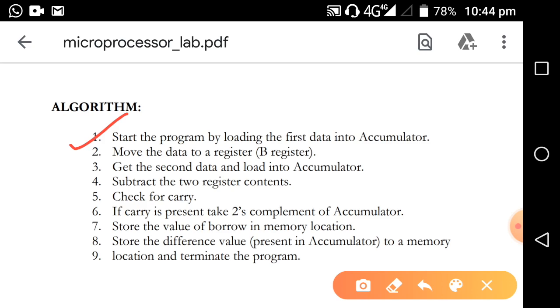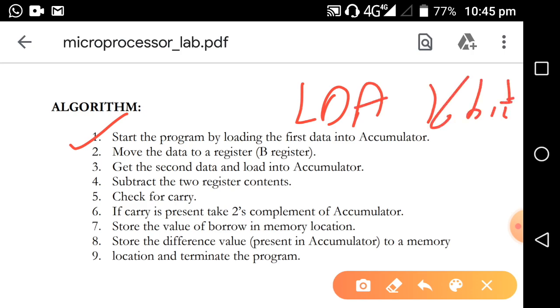That means the content which is stored in the memory will move into the accumulator using the direct addressing mode. To transfer the content from the memory through the direct addressing mode, we will use the instruction LDA with the 16-bit address of the memory. Okay, the content which is placed in this 16-bit address will be loaded into the accumulator.